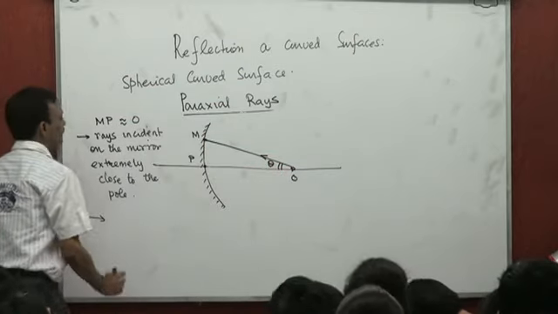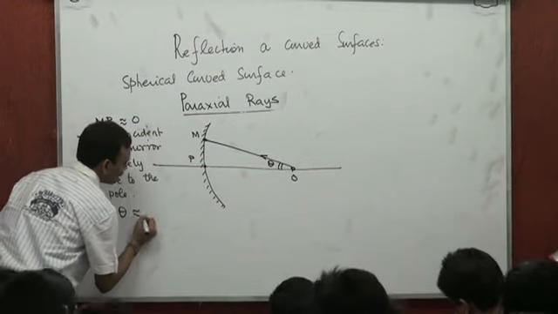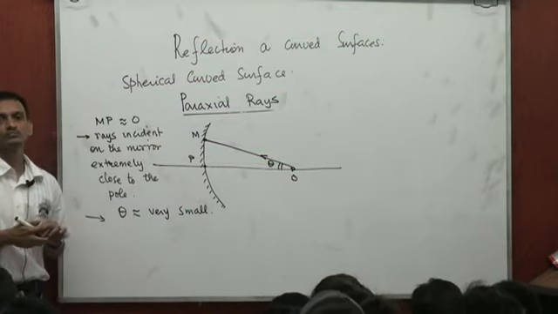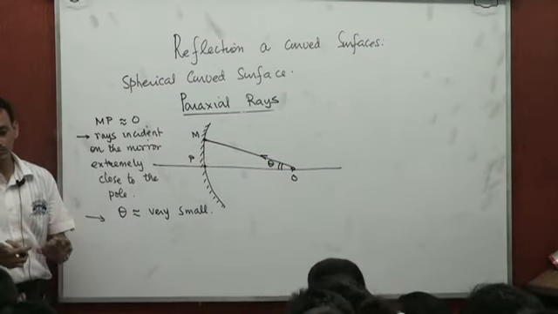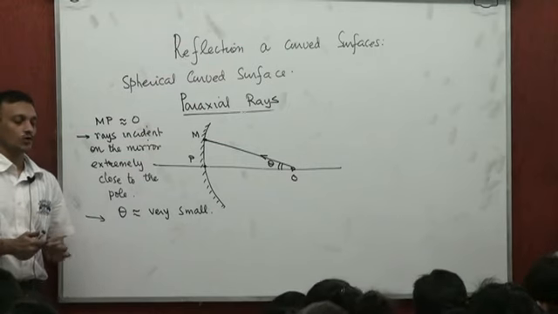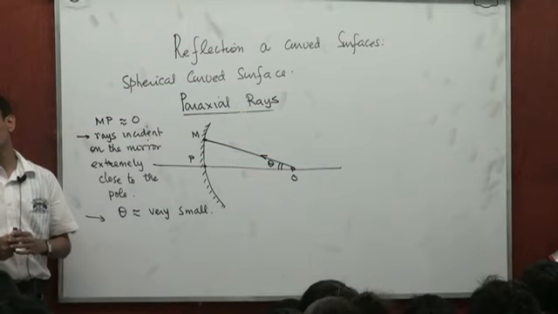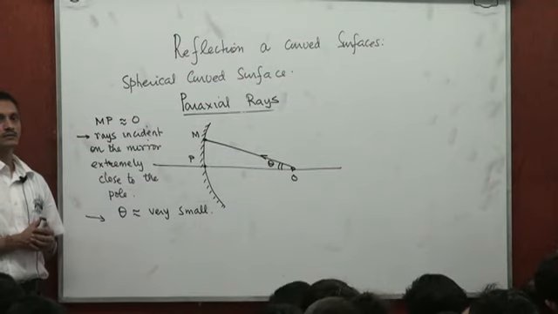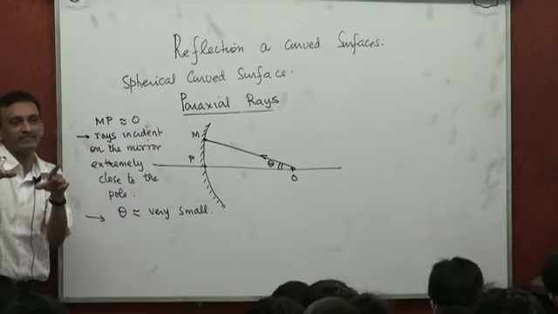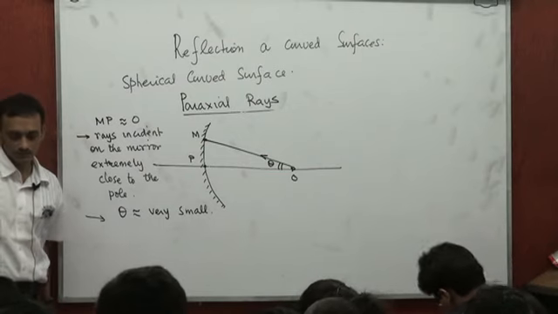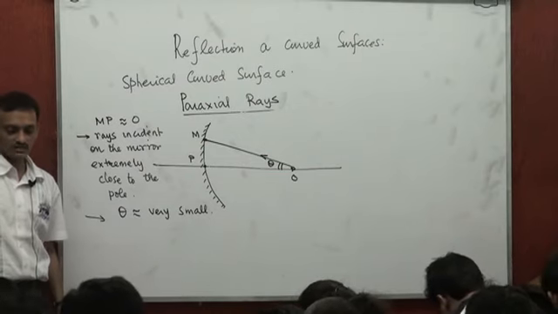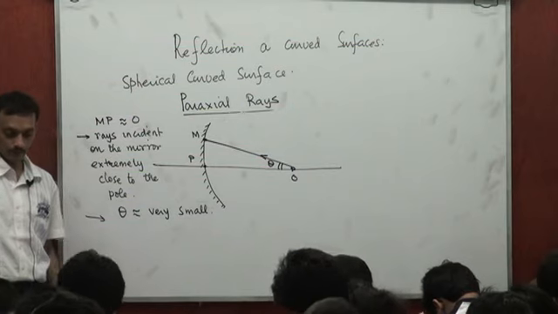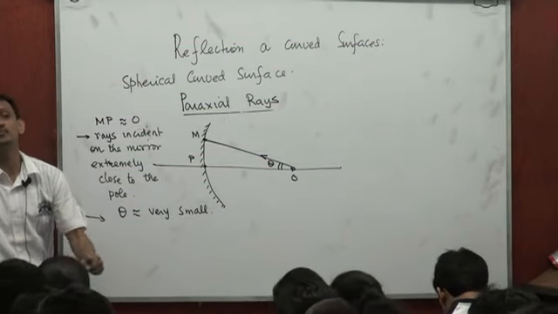Second, all angles theta involved are very small. That means the angle of inclination of rays with the principal axis, in brackets incident or reflected, would be extremely small.